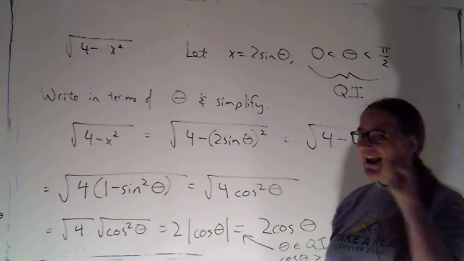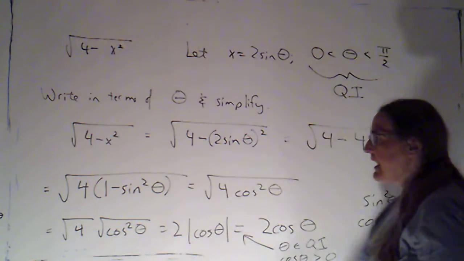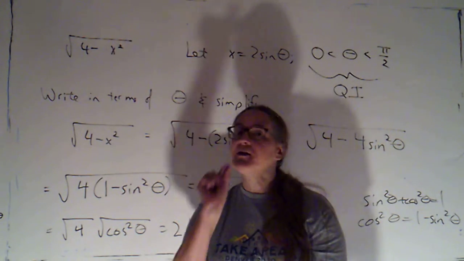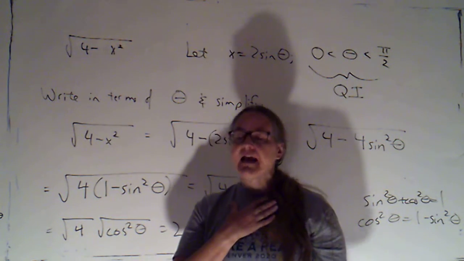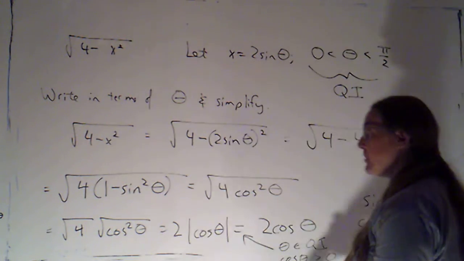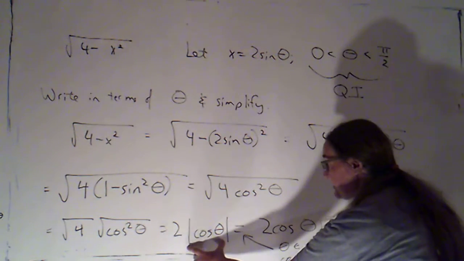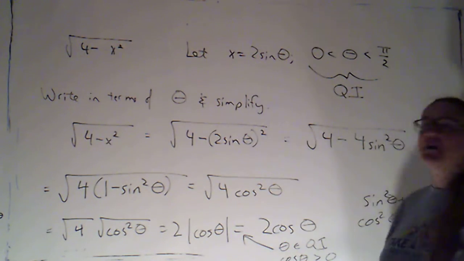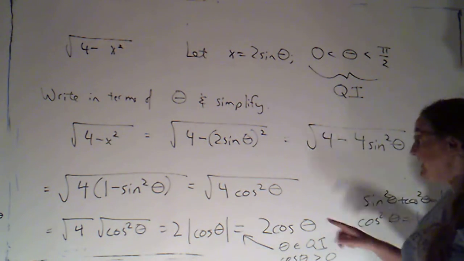But I can't tell the difference between somebody who mentally thinks through these steps and somebody who carelessly says, the square root of cosine squared, that's just cosine, which is not always true. I'm not a mind reader, and I'm not a very trusting person. So you don't get the benefit of the doubt. If you don't show me that you thought through those steps by writing the absolute value and writing the reason that it evaluates to being just cosine of theta, then you're going to lose some points, even if you have the right answer.